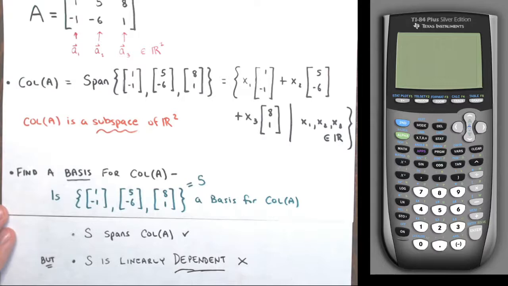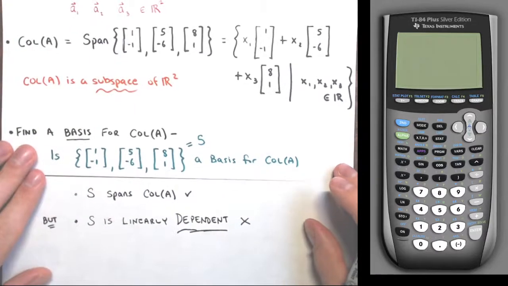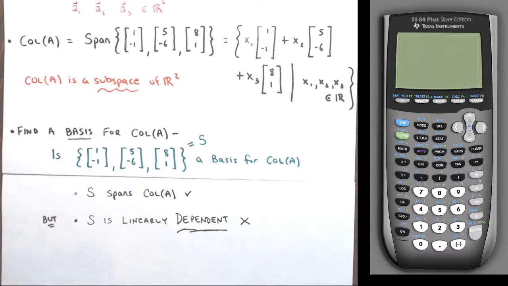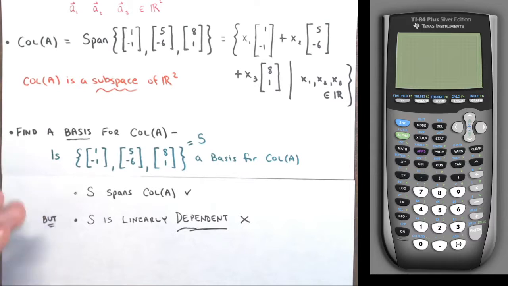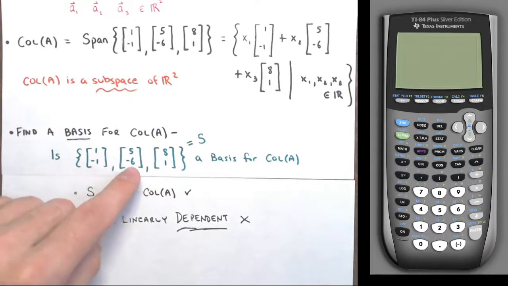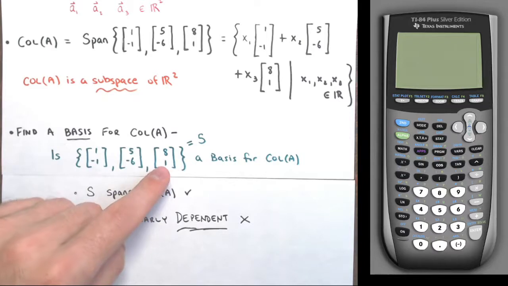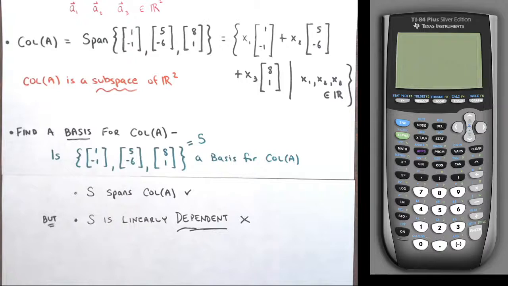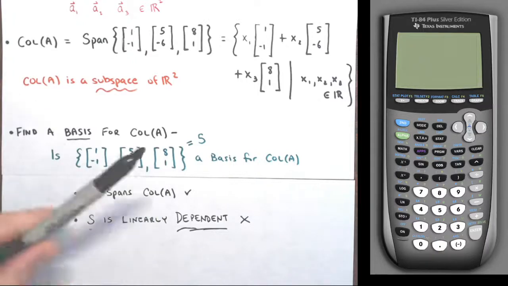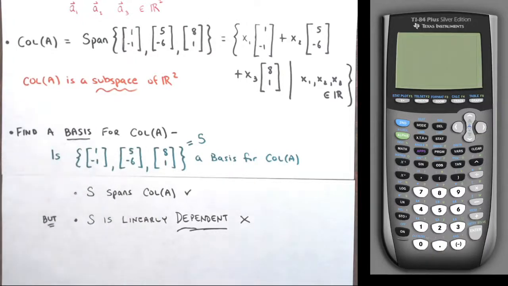All right, that's bad. Now, if you've seen other videos of mine on finding a basis for a span of vectors, or just finding a basis of a vector space in general, when the number of vectors in a set is greater than the number of components that those vectors have, so there are 3 vectors and only 2 components in the vectors, then you'll have a linearly dependent set.